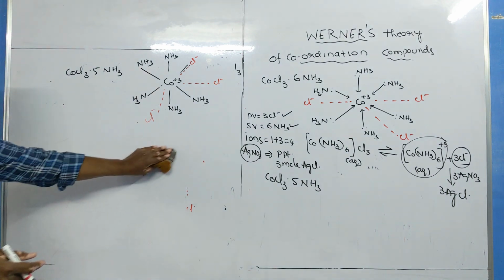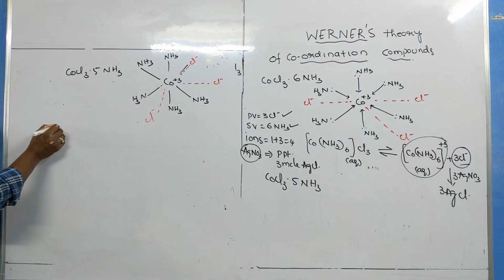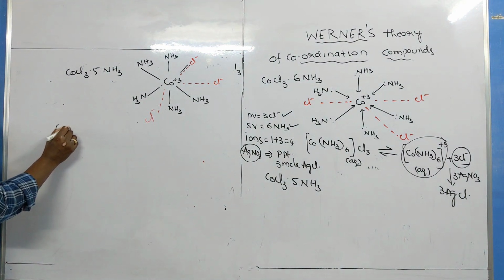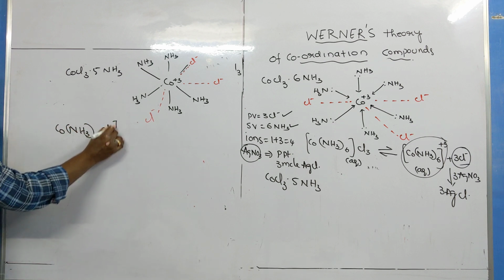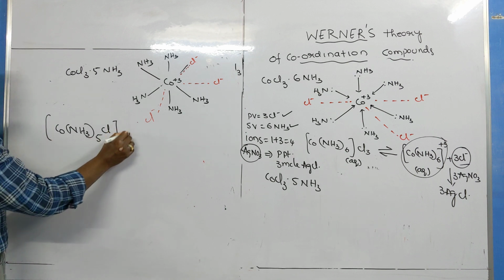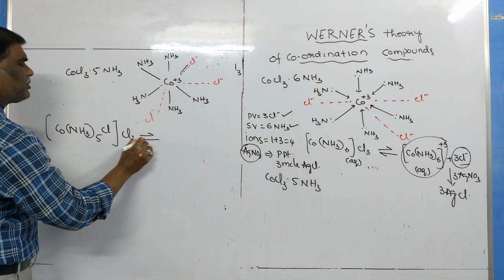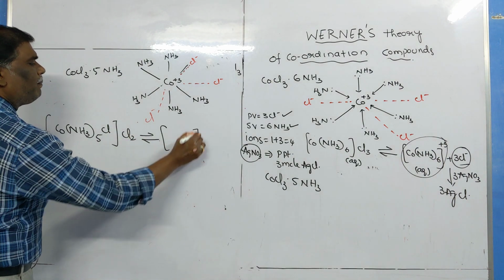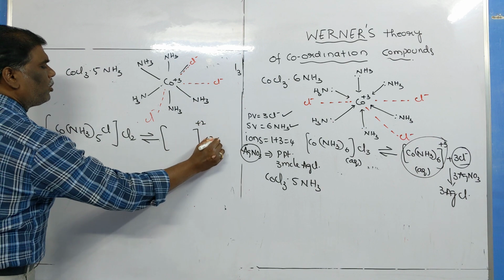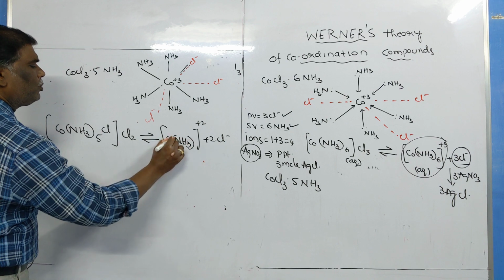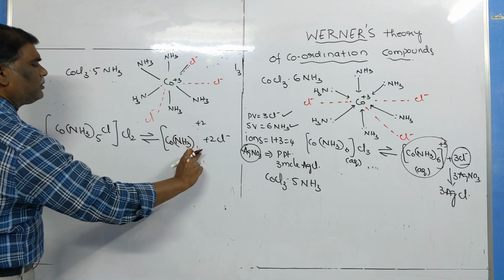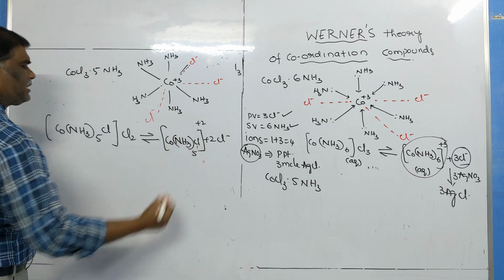The complex is written as [Co(NH3)5Cl]Cl2. One chloride is inside the complex. So this ionizes to give one complex ion and two chloride ions. So this is the complex ion.